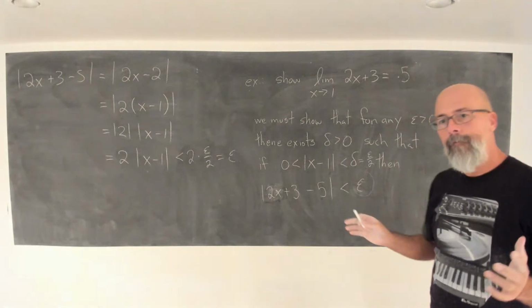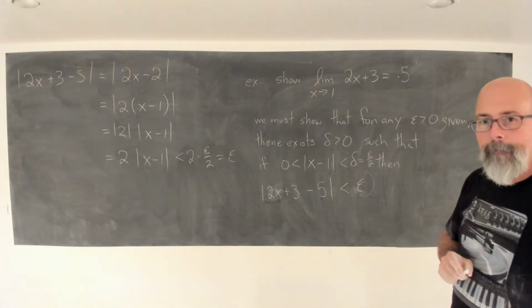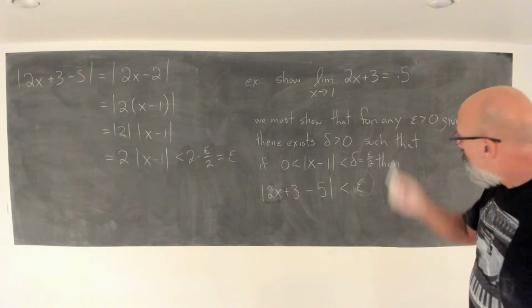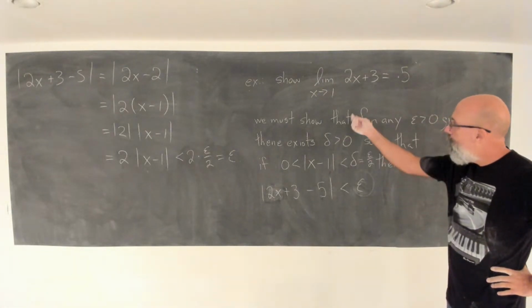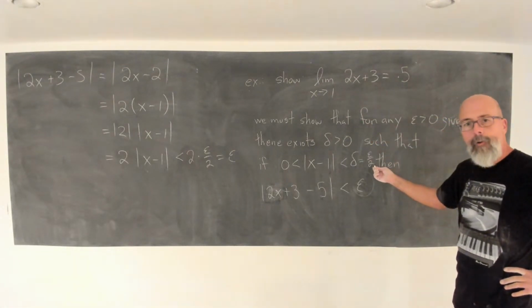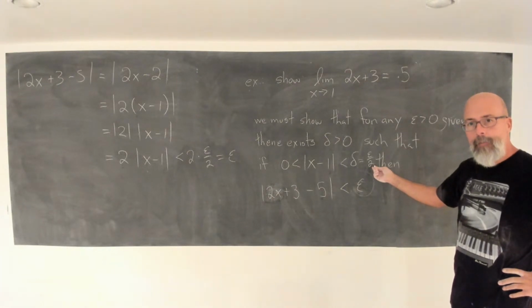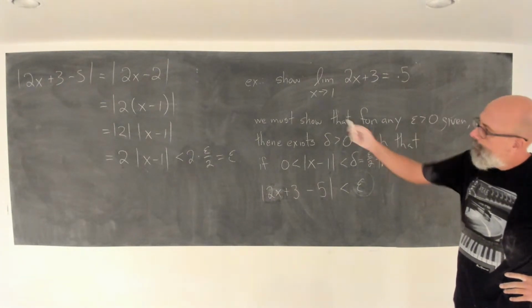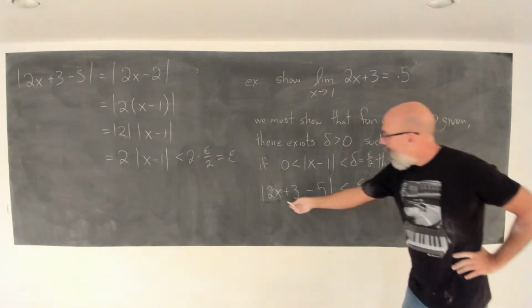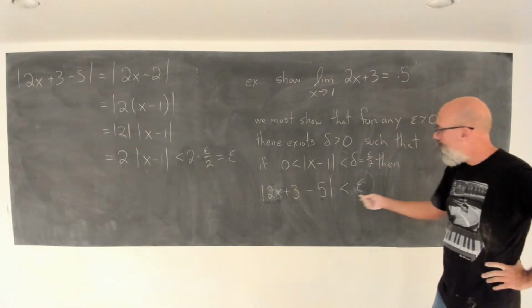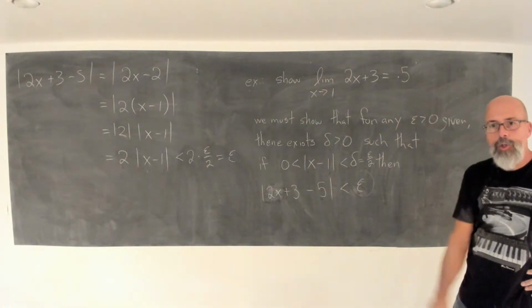Beautiful. So by taking, in this particular example, delta to be epsilon over 2, you have made the absolute value of f of x minus L less than epsilon. Exactly what you wanted to do.